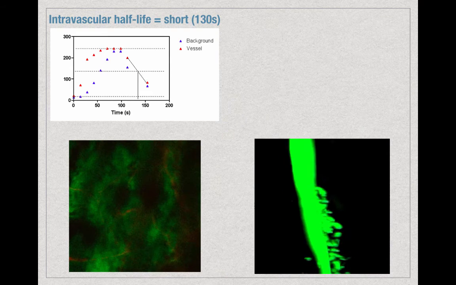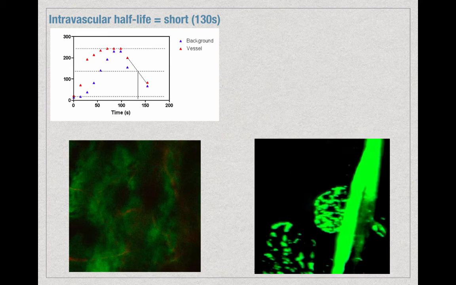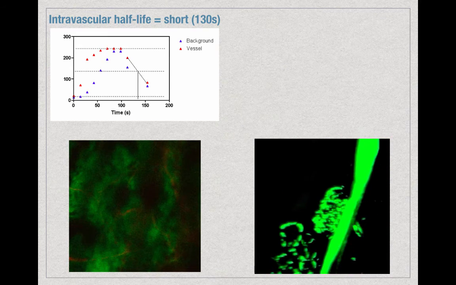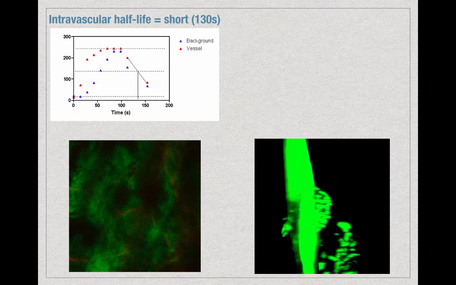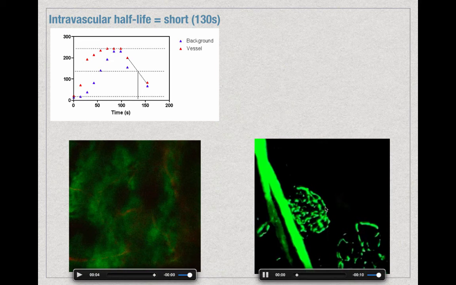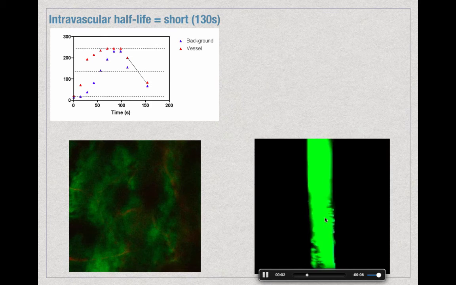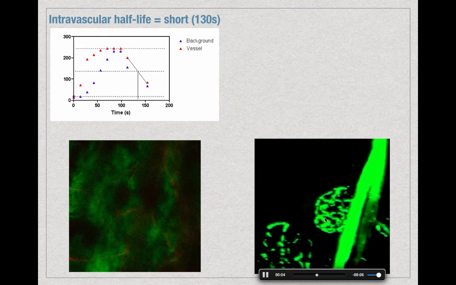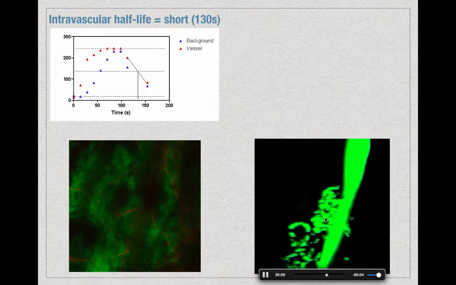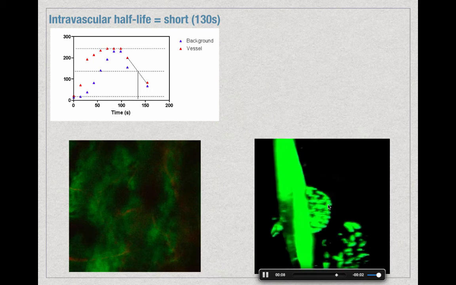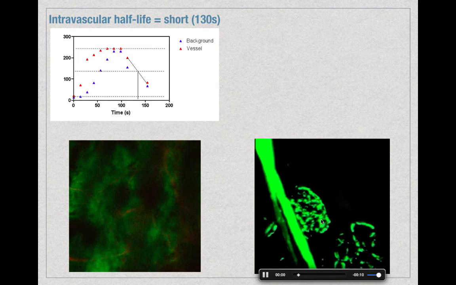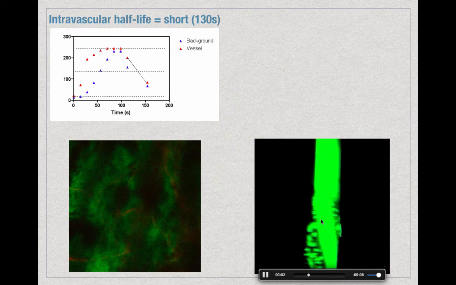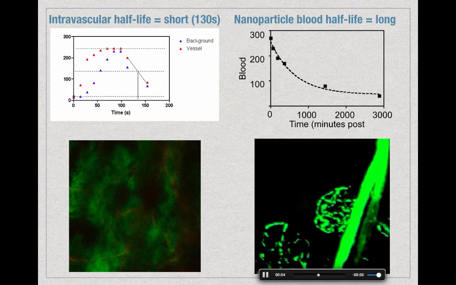Something that's a nanoparticle, something that's bigger, will stay in the bloodstream much longer. This example is showing a fluorescently labeled nanoparticle that, after 4 hours post-injection, is still in those blood vessels. And so it has a very long T1/2.